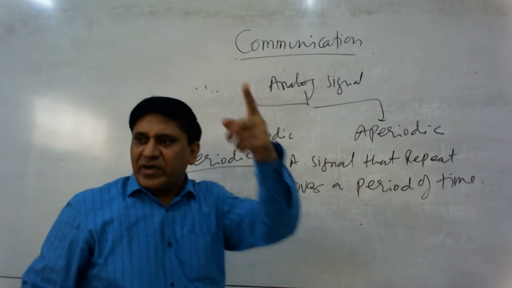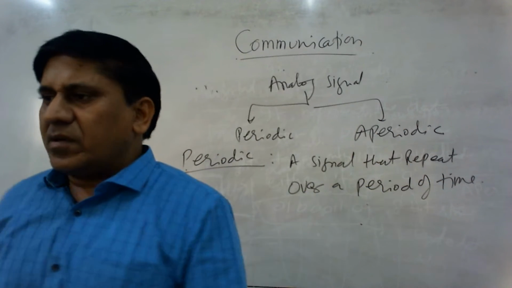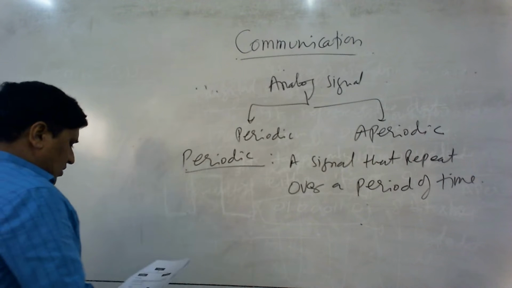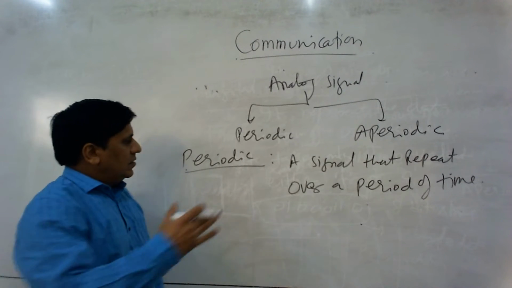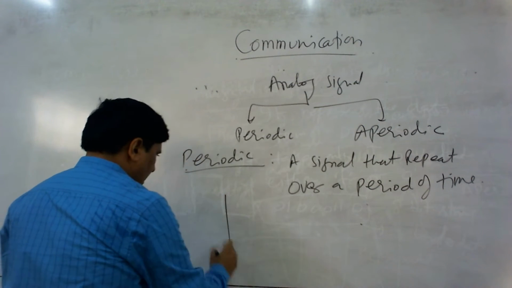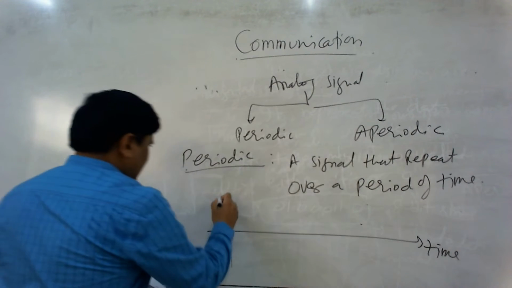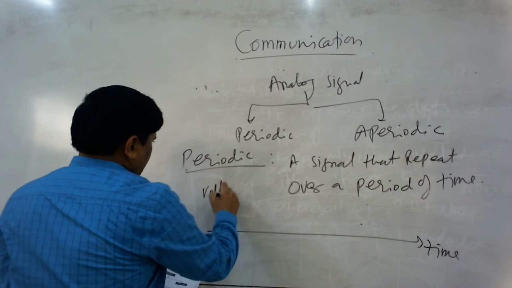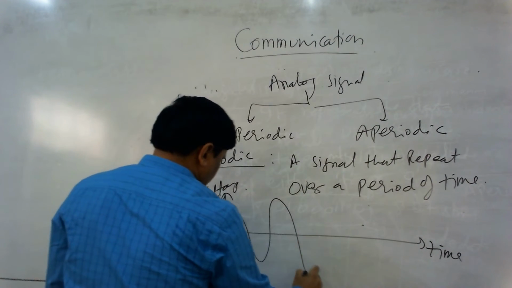Okay, are you getting? Any doubt? Okay. So the waveform of this periodic signal is like this. This is the time axis and this is voltage, and this is the sinusoidal wave.